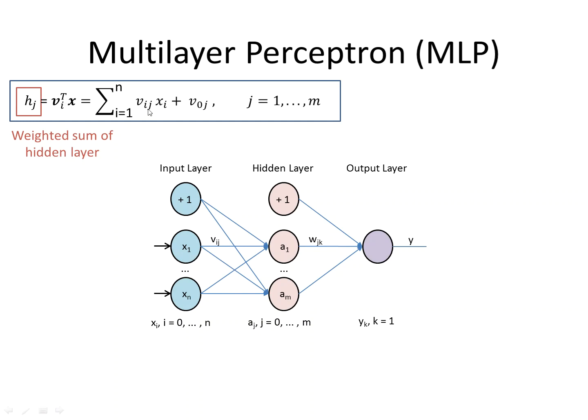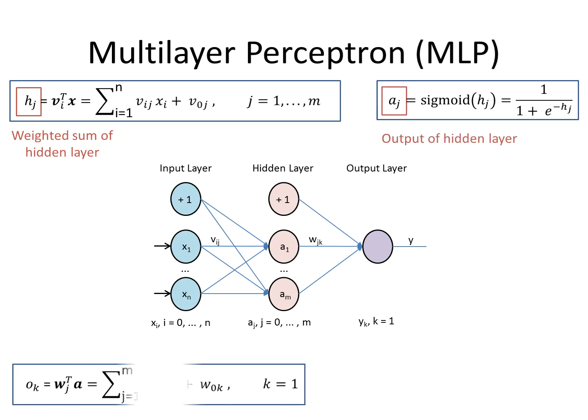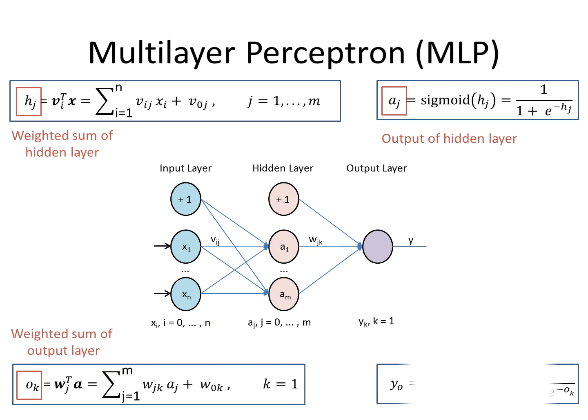Then it passes through the activation function of the hidden layer, which will be sigmoid in this case, and this is the output of the hidden layer. Further, this acts as an input for the output layer. So this is the weighted sum of the output layer, and after passing through the threshold function, it will give me the final output.